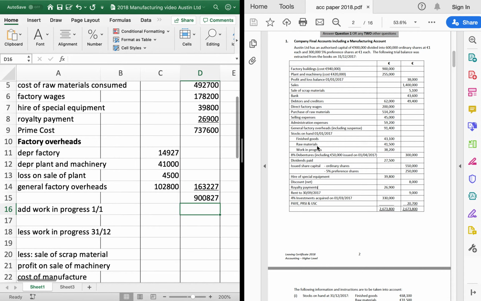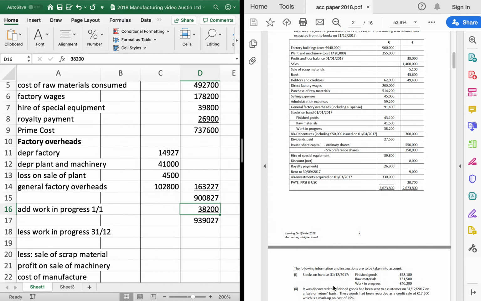Anyway, add your work in progress. Start with your opening stock work in progress, 38.2, and then take away your work in progress at the end of the year, which hadn't changed either, of 40,200. One of the few things you do take away. So you always take away closing stocks.